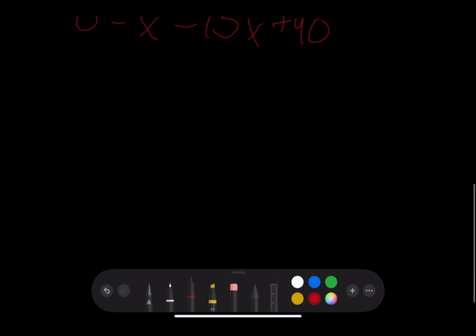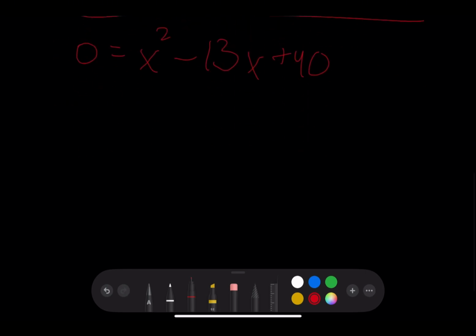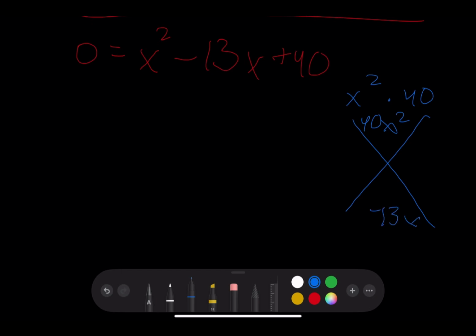So now we can do the x thing. We're going to have x squared times 40, so that's 40x squared, and the factors of this product have to add up to negative 13x. So we have an 8x and a 5x, right?